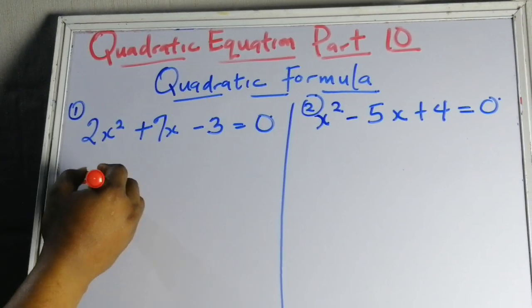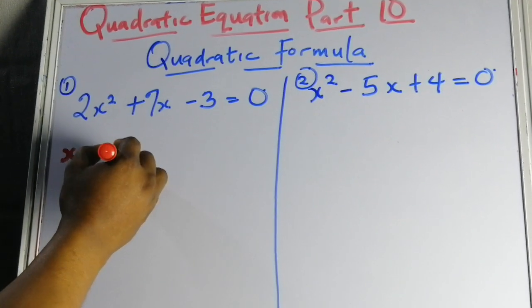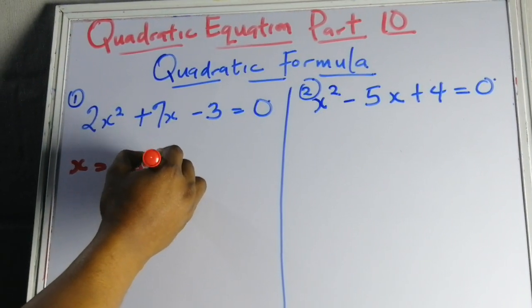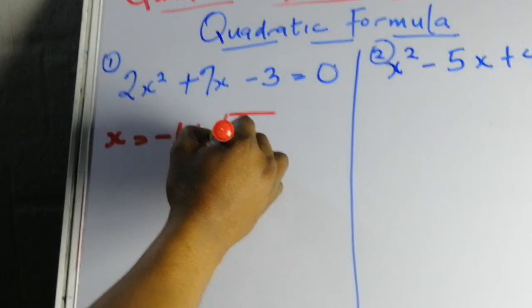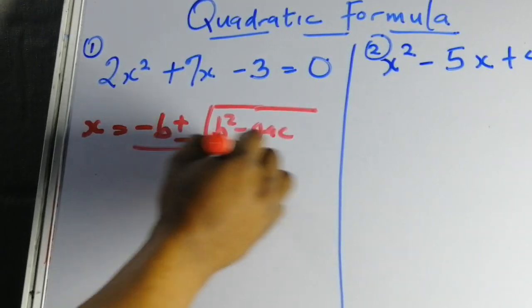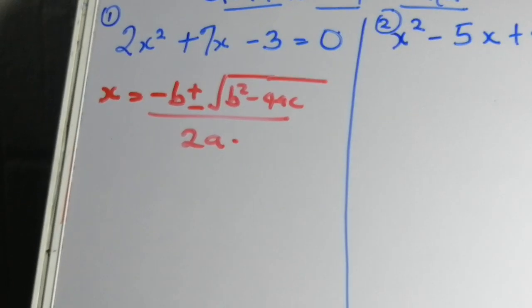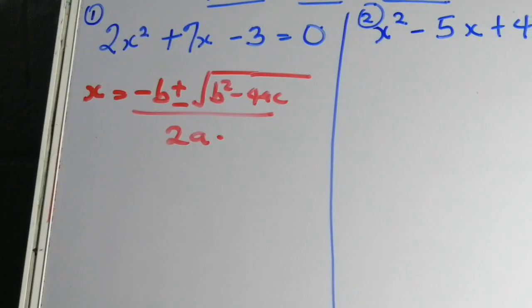X equals our normal quadratic formula, minus b, the almighty formula, plus or minus the square root of b square minus 4ac, over 2a. So that is the almighty formula that we know.